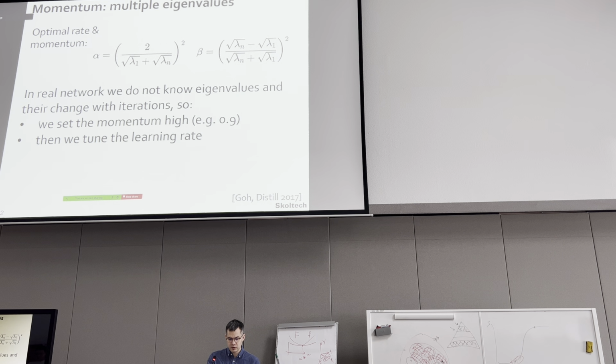We set the momentum high, pretty close to 1, and then we can choose the rate. Also, in real life, when optimizing neural networks, we have little knowledge about lambda 1 and lambda n. So we should do it experimentally for alpha and hope for the best.